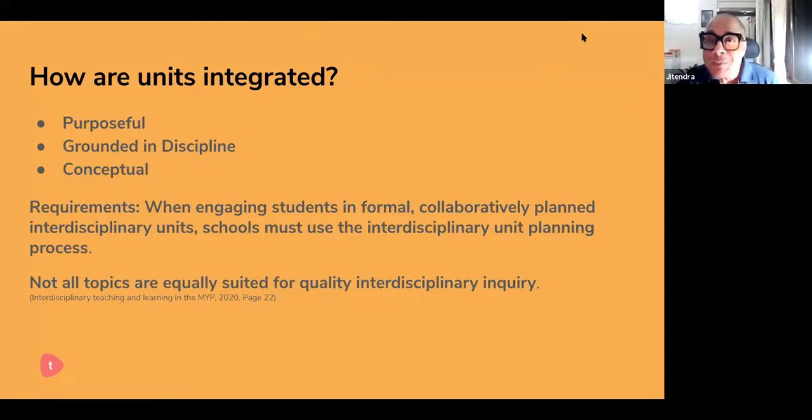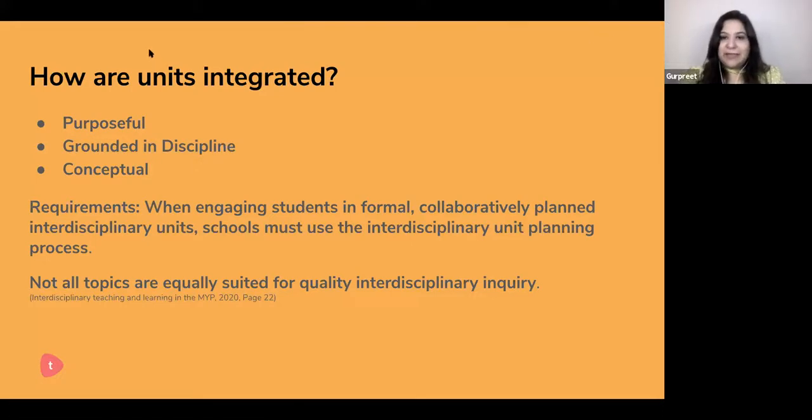So that means there has to be a system in place in terms of how you're actually planning and collaborating, and it needs to use the interdisciplinary unit planning process, right? And the guide very clearly states that not all topics are equally suited for a quality interdisciplinary inquiry, Gurpreet. So do you think that everything can be interdisciplinary, probably? Um, a great point here.